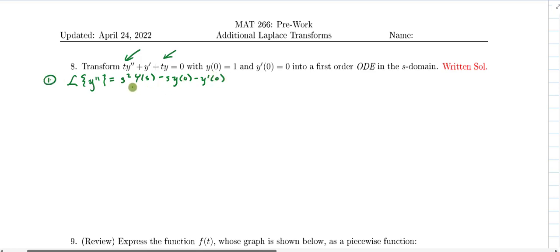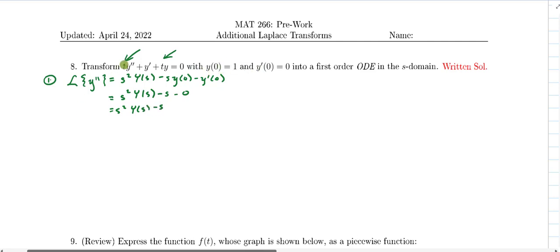That's assuming that y has a Laplace transform. And in our case, if we plug in our initial conditions, we would have s squared y sub s minus s, where I plugged in the initial conditions.